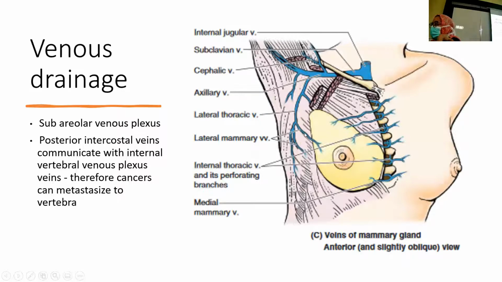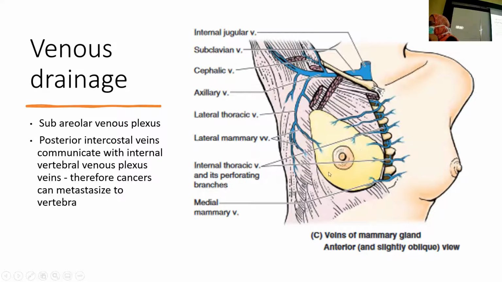So venous drainage, you've got the subareolar venous complex, and it follows the arterial supply as well. So it drains into the internal thoracic or internal mammary vein, and then drains into the subclavian, if I'm not mistaken.